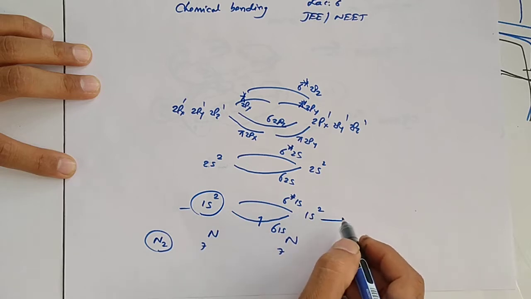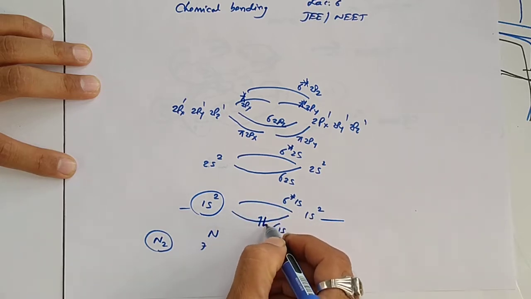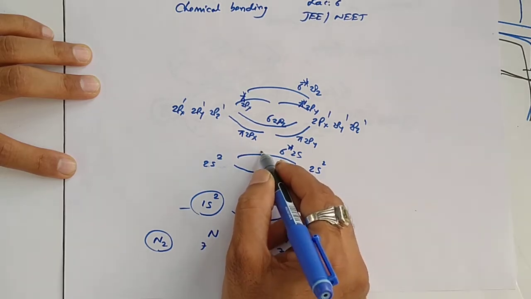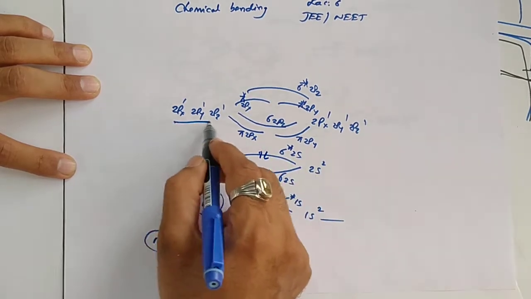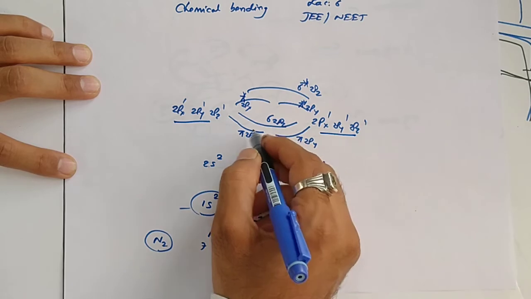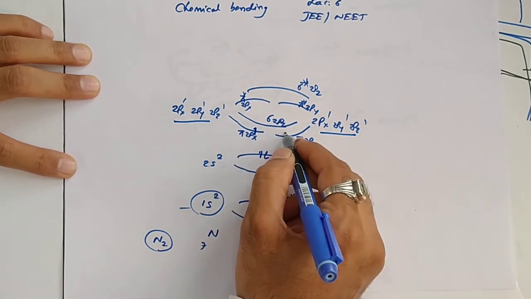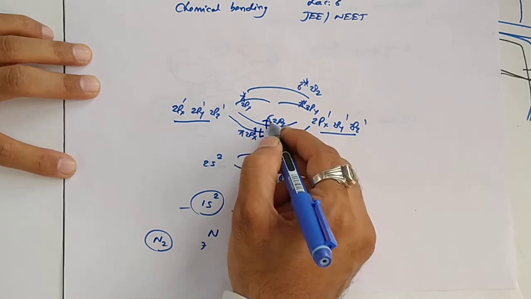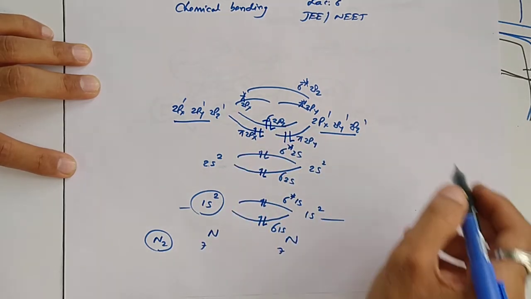Here 2 electrons, so 1, 2, 3 and 4. Here also 4. Here it is 3 plus 3, total 6, so 1 by 1: 1, 2 enters here, 3, 4, 5 and 6.